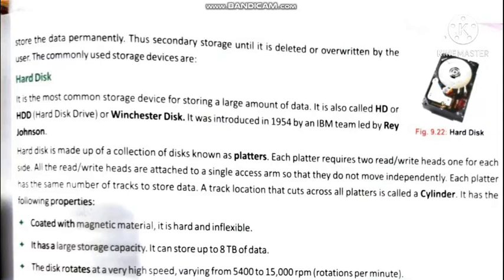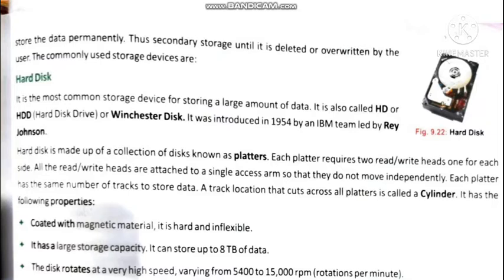So your hard disk stores all your program files, everything inside it. The acronym for hard disk is HDD, which stands for hard disk drive, or sometimes it is also known as HD or Winchester disk. In history, it was introduced in the year 1954 by an IBM team led by Ray Johnson. So this is just the history of the hard disk, how it came into existence.